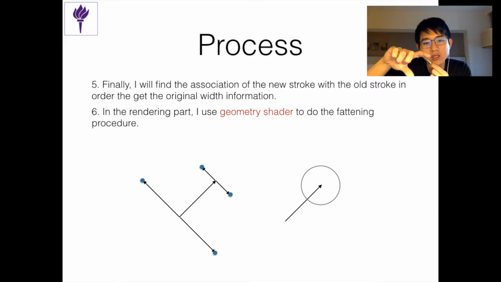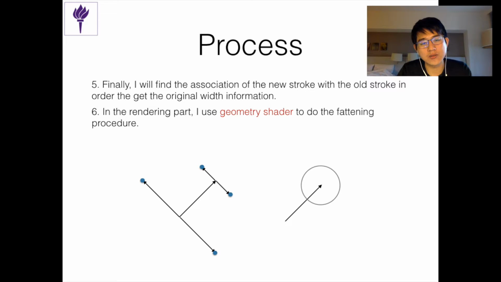I will find the vertical, the orthogonal line, to have the right direction, and then create a quadrilateral, and use the triangle strip to render this quadrilateral.